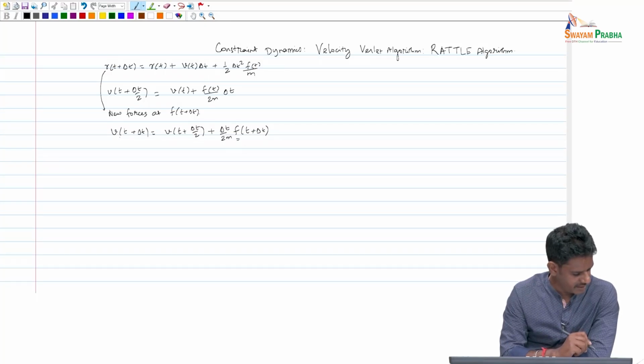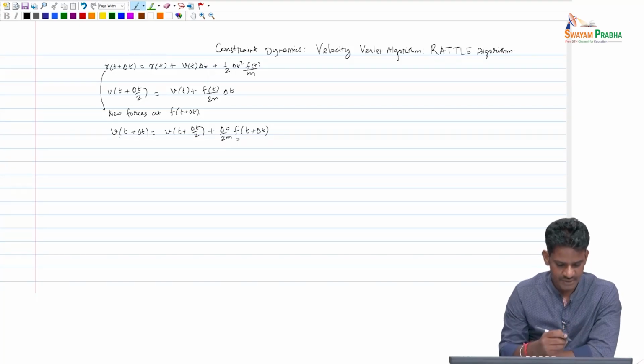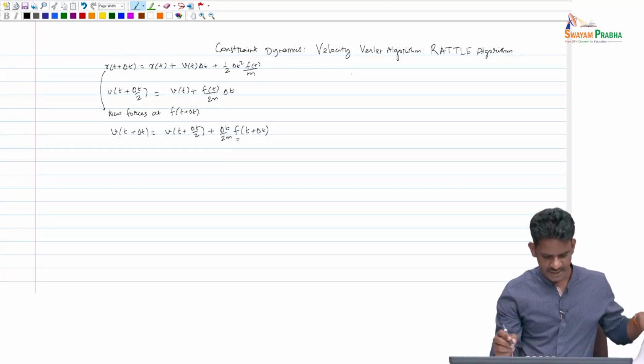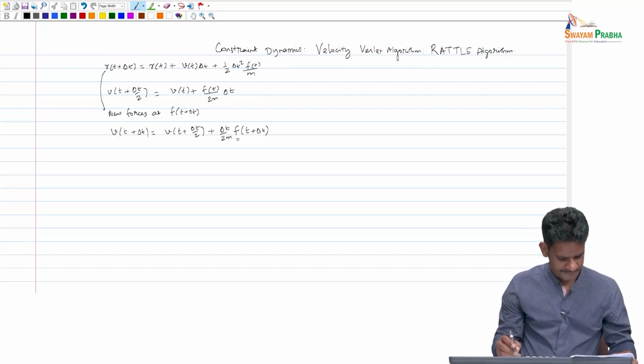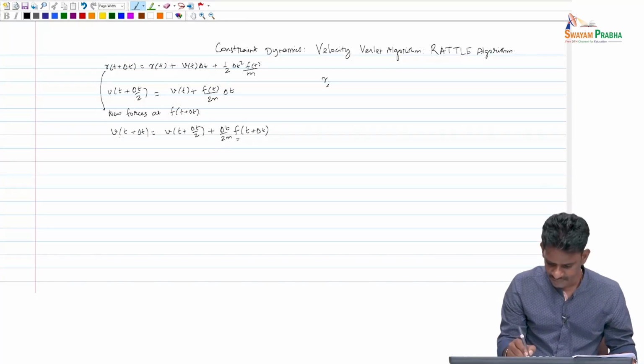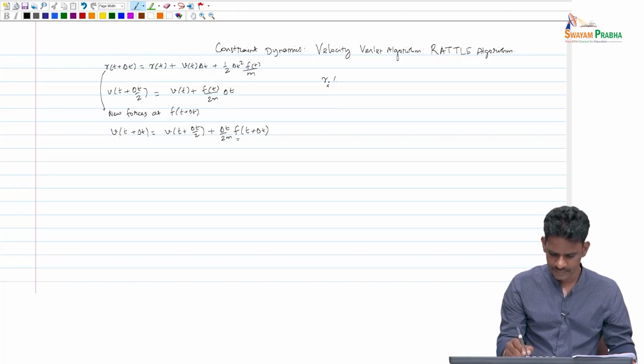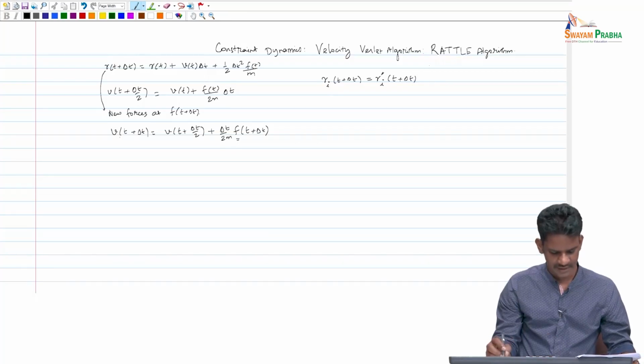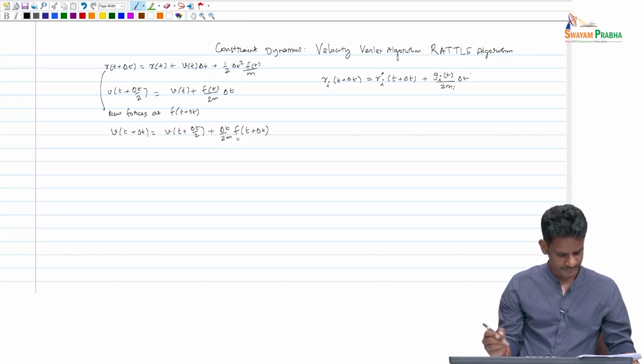Now when you apply constraint dynamics in this algorithm, we start writing, again for some species i. First we calculate the particle position without any constraint force, the same way we discussed here using the velocity Verlet algorithm, and then you have an additional force, called the constraint force, that comes into the picture.